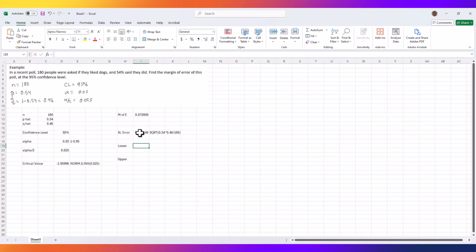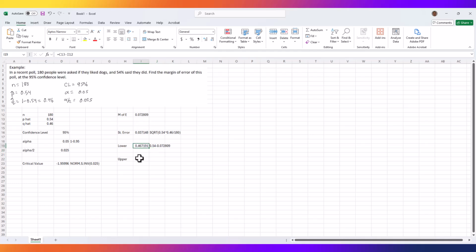And to find the lower one, we take our point estimate, P hat, and we subtract our margin of error. So this is 0.54 minus 0.072809.